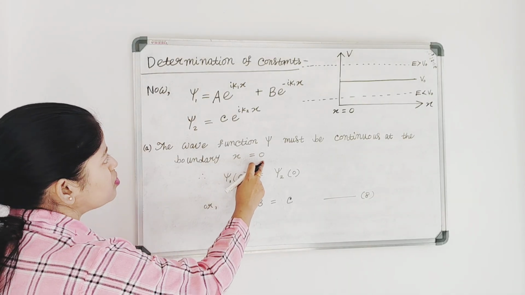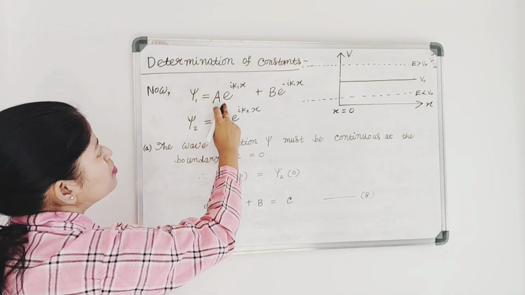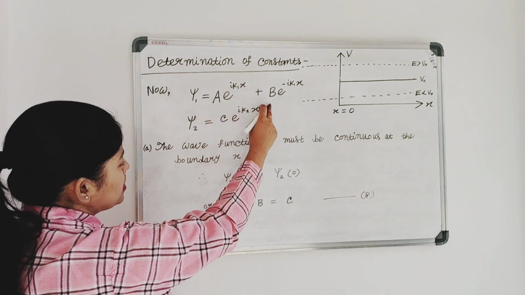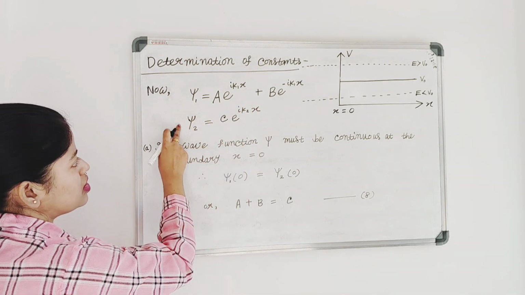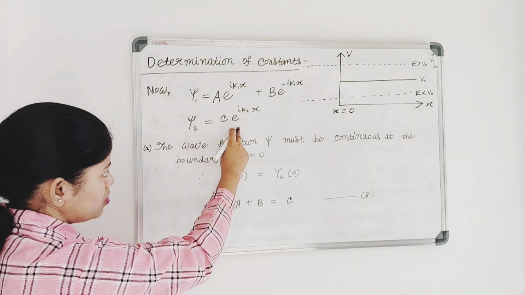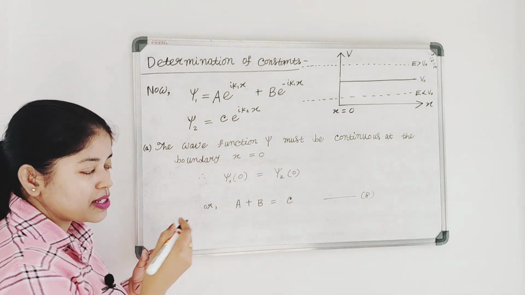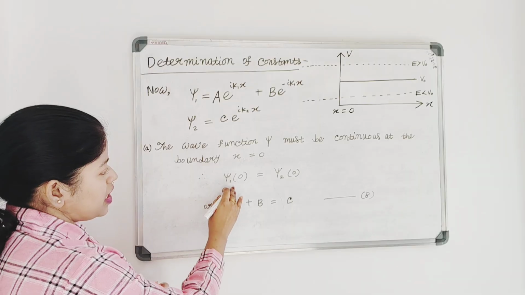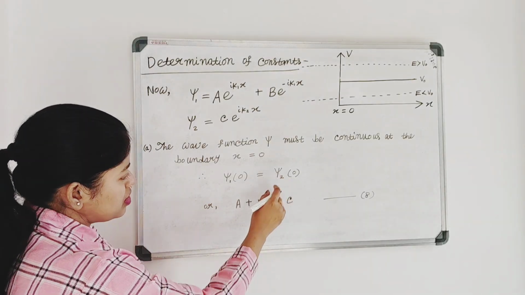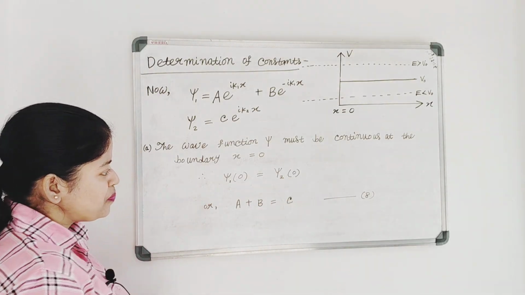If we put x equals 0 in the expression of psi 1, we get psi 1 equals A plus B, and if we put x equals 0 in psi 2, we get psi 2 equals C. So by this condition, psi 1 of 0 equals psi 2 of 0. That means A plus B equals C.